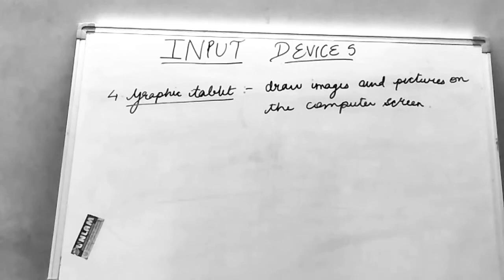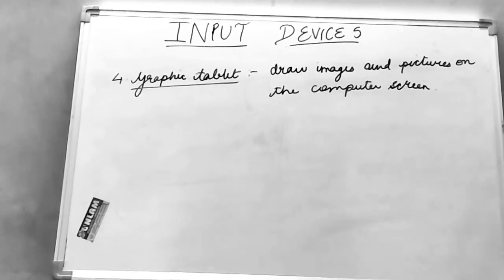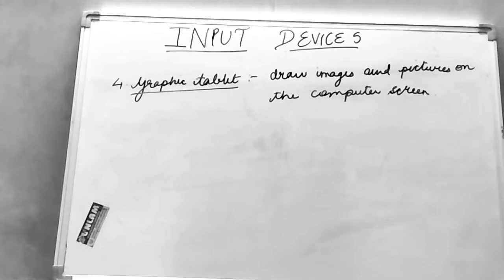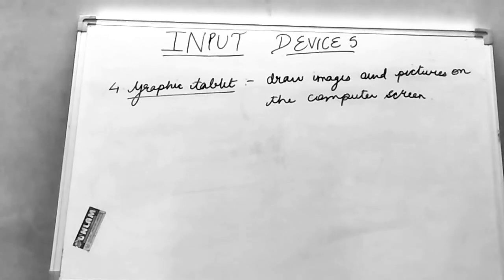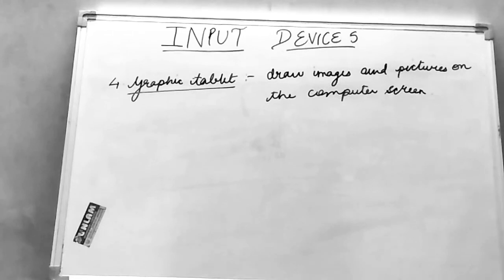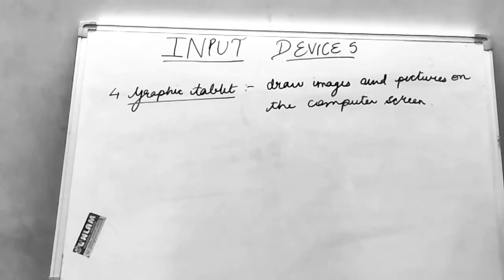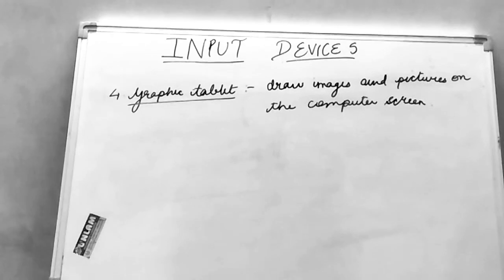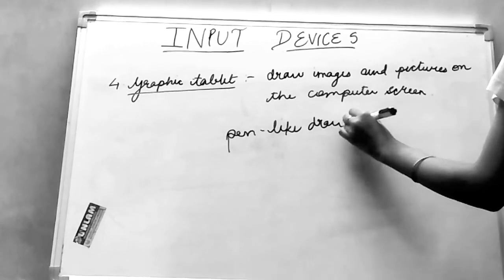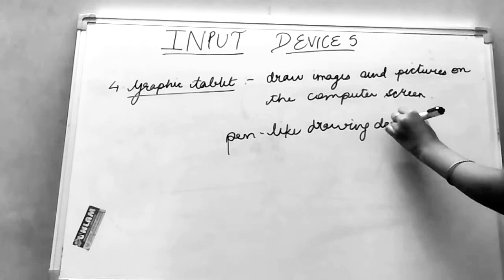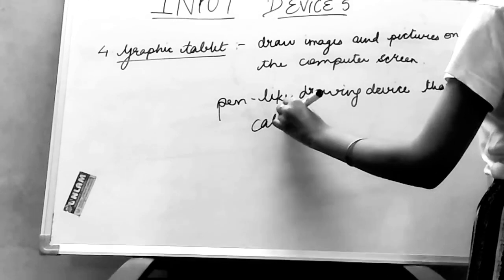A graphic tablet consists of a flat surface on which a user can draw using a pen-like drawing device called stylus.